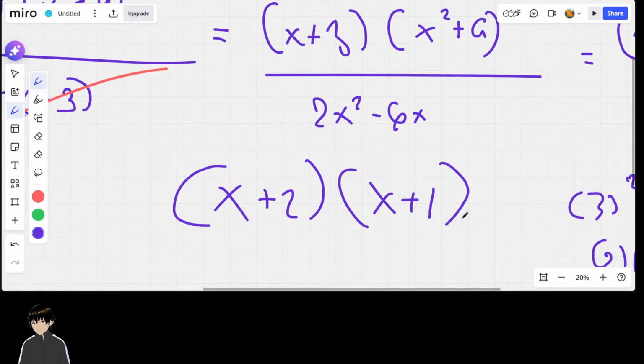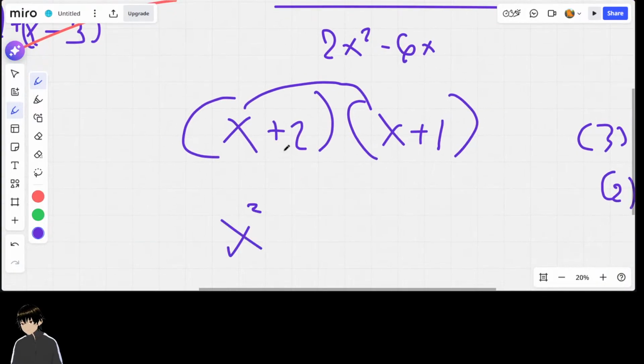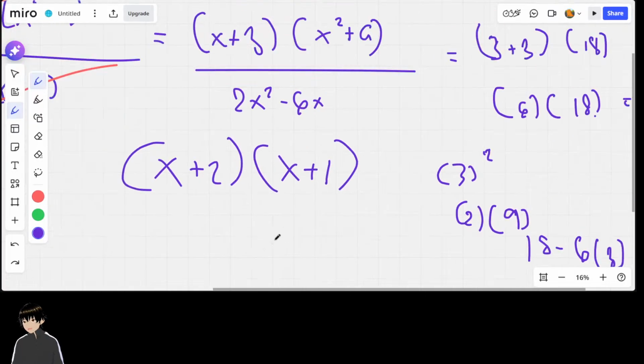Because if you factor it, if you do this FOIL, x squared, or inner, 2x. No, that's actually wrong. Let me see what I can do here. I think negative 6x is already good, but I don't know how to do this really.